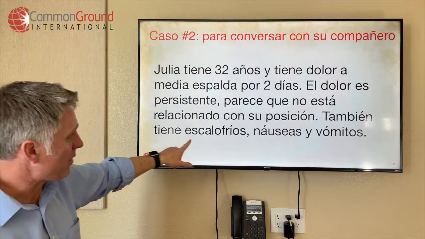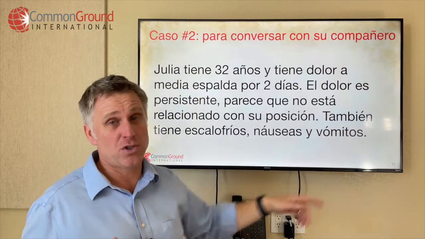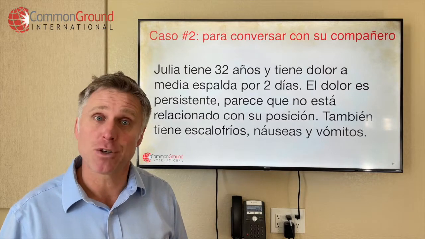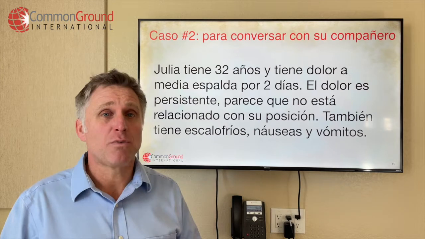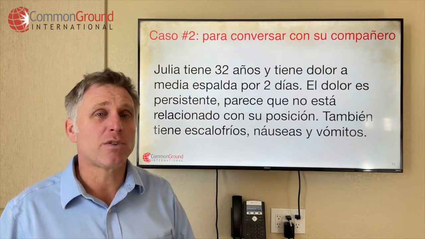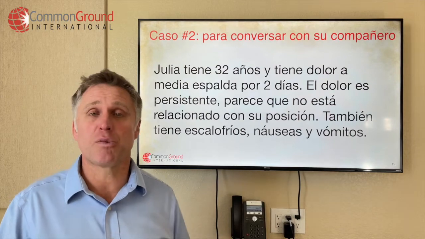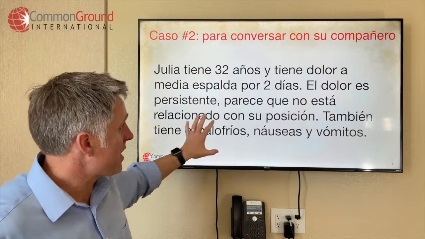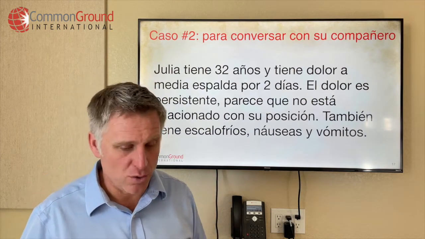También tiene escalofríos, so she also has chills, náuseas y vómitos, chills, nausea, and vomiting. Okay. So again, you and your partner, one of you is patient, one of you is Julia, and the other is profesional. Work through descripciones del dolor, los síntomas, history of the problem, etc. Y después conversar sobre la causa probable de su dolor de espalda.